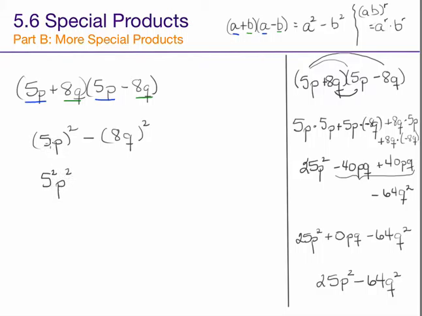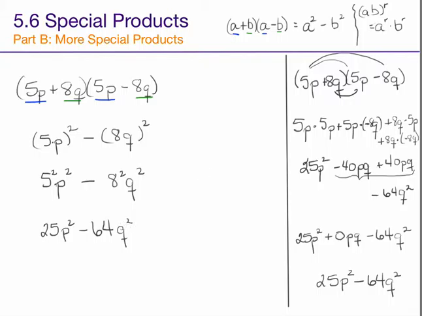And this is times, and this is times. I have the same thing here, and I'm going to subtract it from the first part. 8q squared is 8 squared q squared. Now I can simplify. 5 squared is 25, and 8 squared is 64.